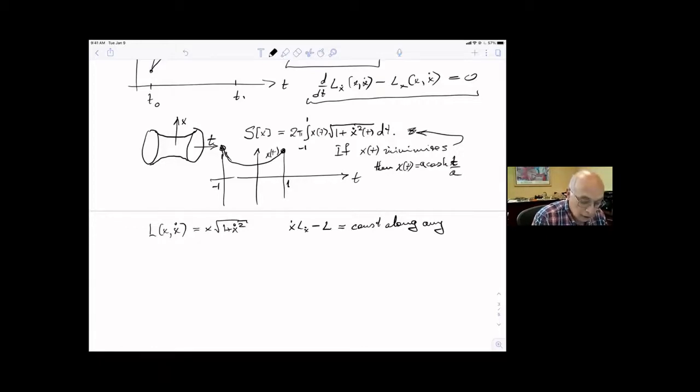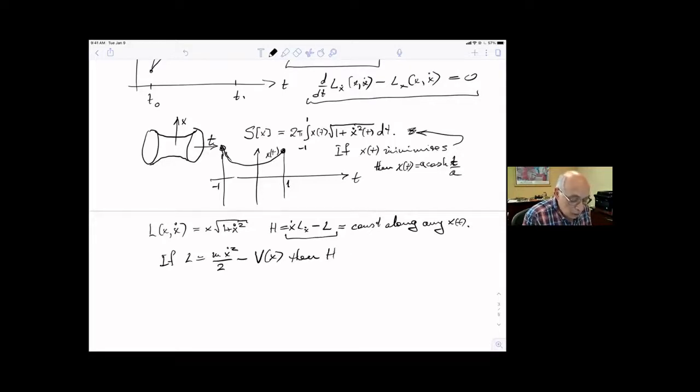So along any solution x of t, it doesn't depend on t when you plug a solution in. In the case of mechanics, this is the total energy. So if L was m x dot squared over 2, kinetic energy minus potential energy, let's call it H, then H is the energy.